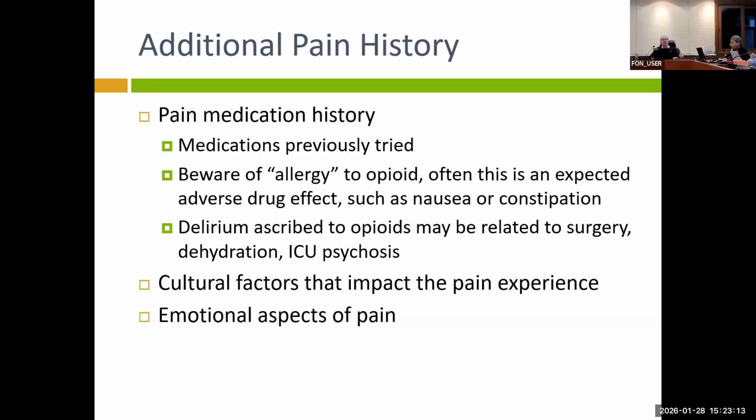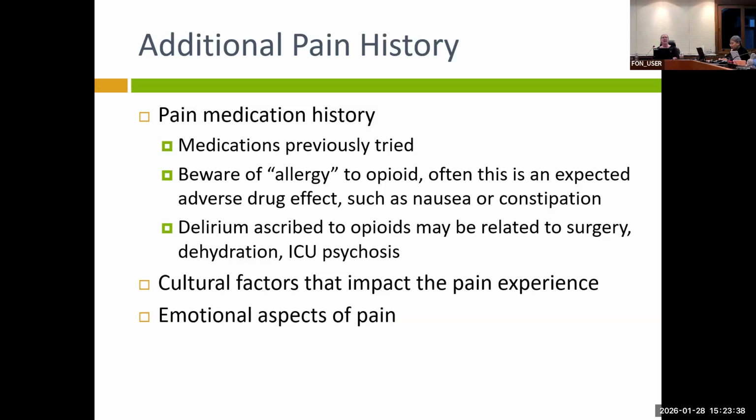Some of the additional pain history that we want to look at is the medications that have been previously tried. And then these are specific to opioids. We want to make sure that we ask about allergies and ask about delirium. This is really important.